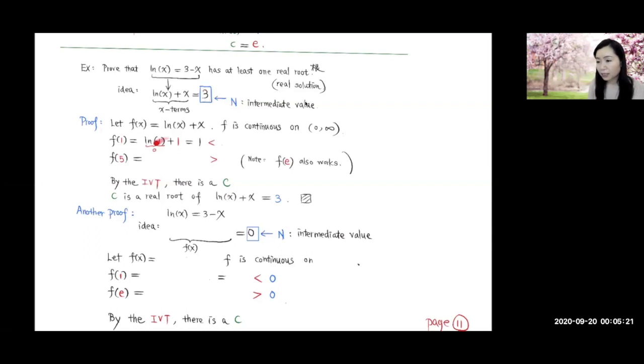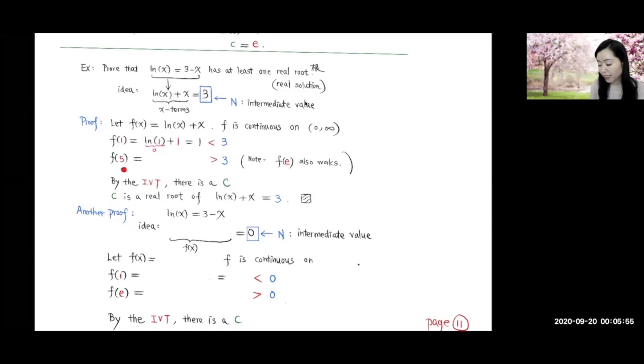So I'm trying to find a function value that is less than 3. I just try 1. So f of 1 indeed is less than 3. Let's pick another value for x, so that f of that is greater than 3. Well, I try 5. However, if you try e, that will also work.